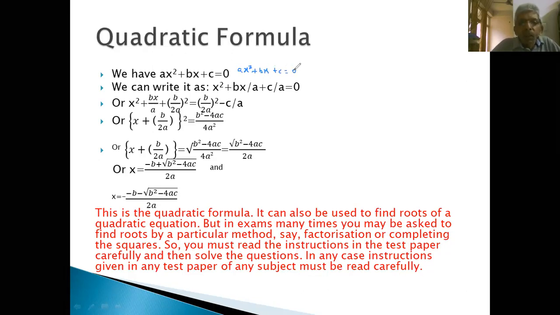Here also, we are trying to do the same thing. First of all, we divide this equation by a. So we get x square plus b divided by a into x plus c divided by a is equal to 0.